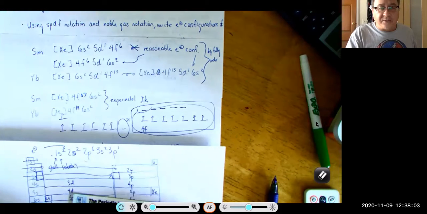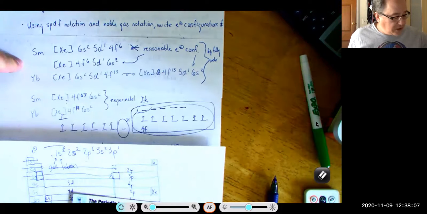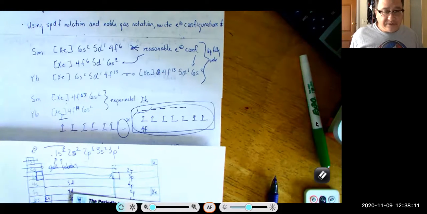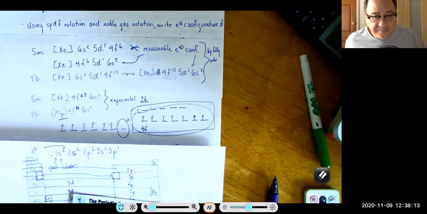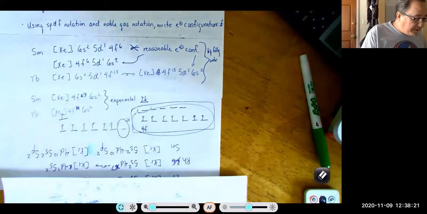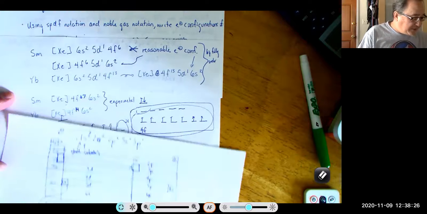Now, what are you responsible for on the exam? You're responsible for getting the reasonable configuration. You are not responsible for getting the weird configuration. Is that clear? Okay. However, if I give you a weird one, you're supposed to be able to figure out what it is. So what has the following electron configuration?